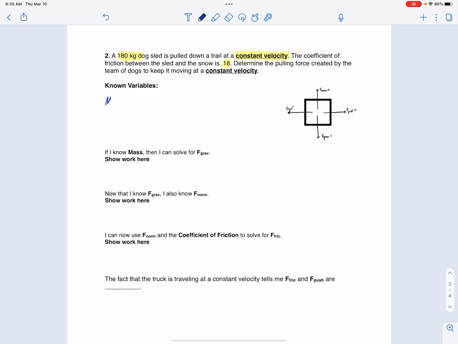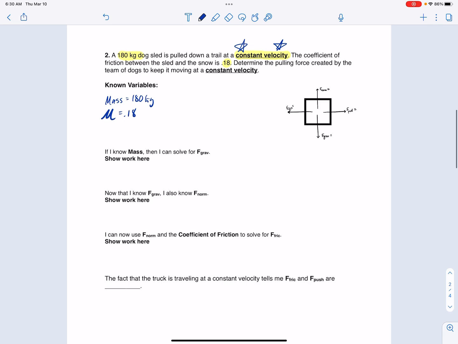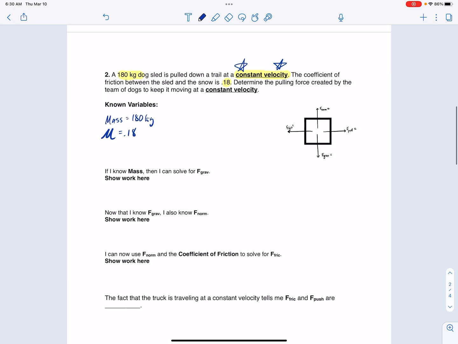What do we know? We know mass of 180 kilograms. We know the coefficient of friction is 0.18. And we know that we're traveling at constant velocity. Well, that's going to come back into play here a little bit later. So first things first, as always, if we know mass, then we can solve for the force of gravity.